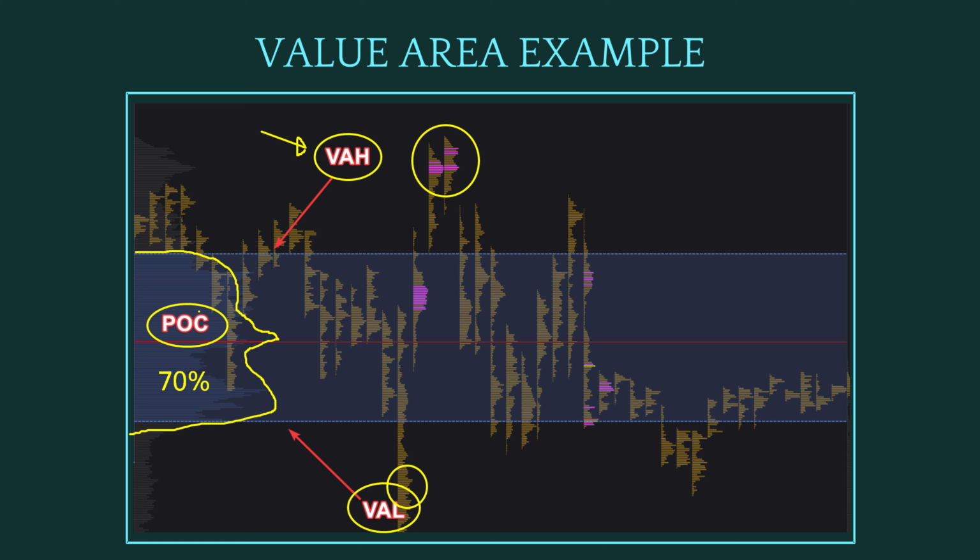Now the point of control. Point of control is the price level where the highest number of contracts were traded during the trading session. This is the most accepted price. So what's the value of the value area high, point of control for us, the day traders?